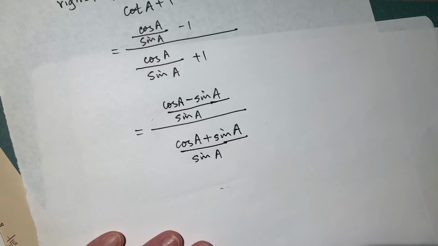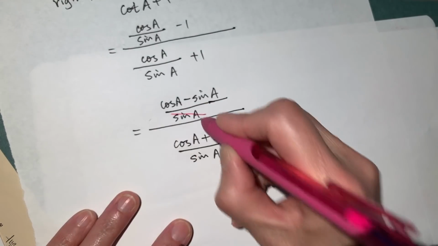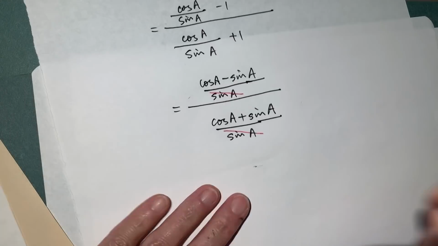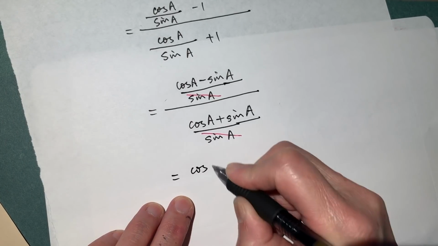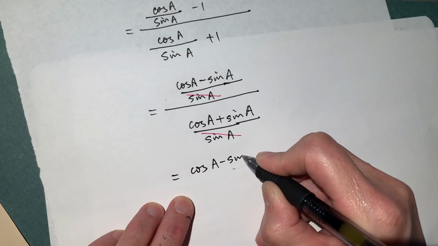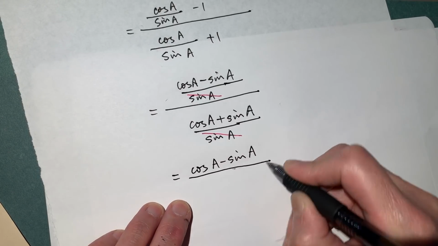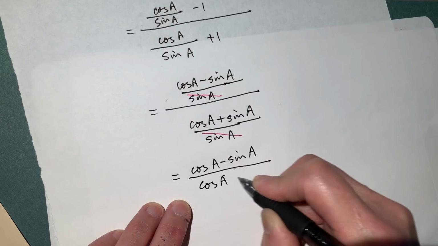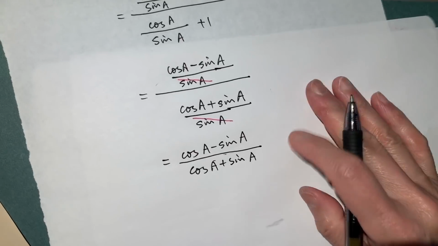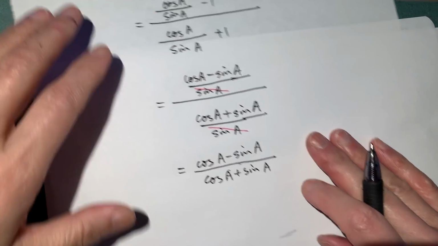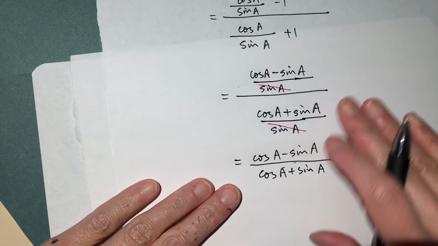Now we see something sweet. Cross cancel, so it becomes cosine a minus sine a over cosine a plus sine a. Up to now, I cannot find any way to go further, so we leave it here.